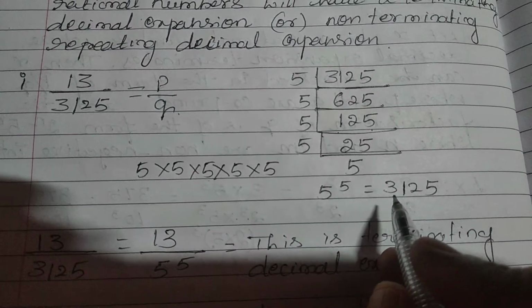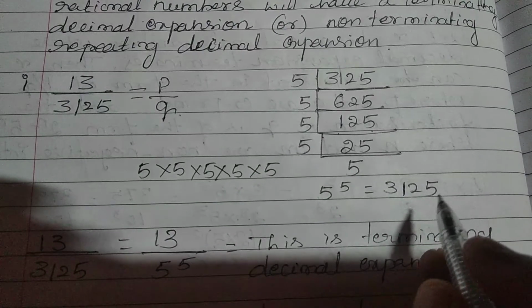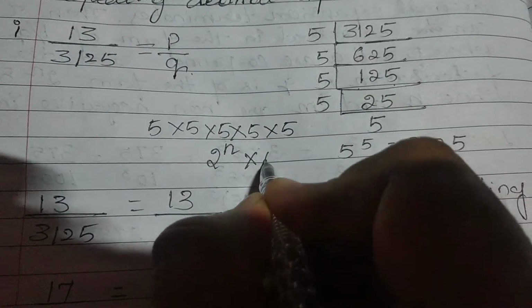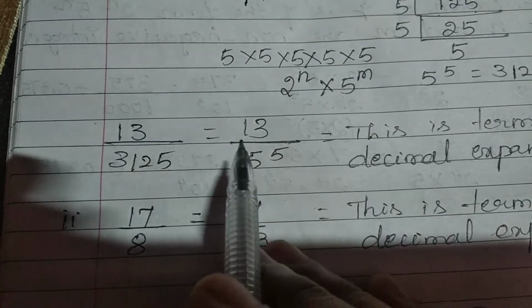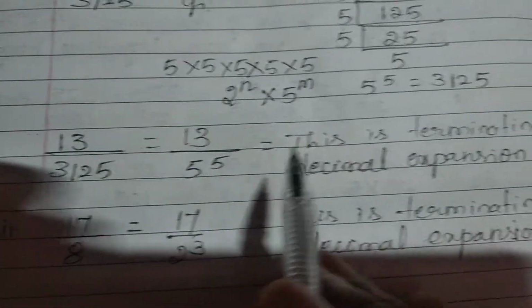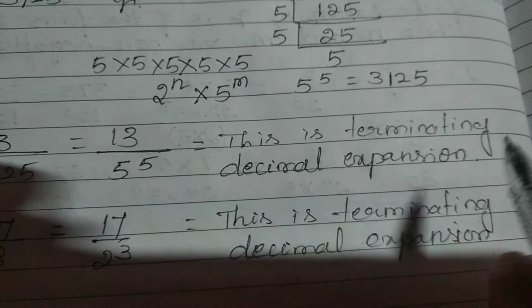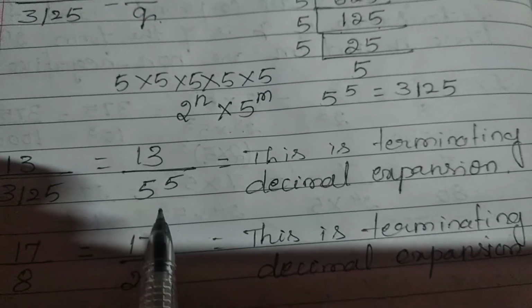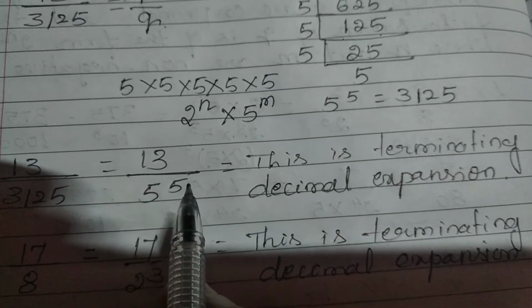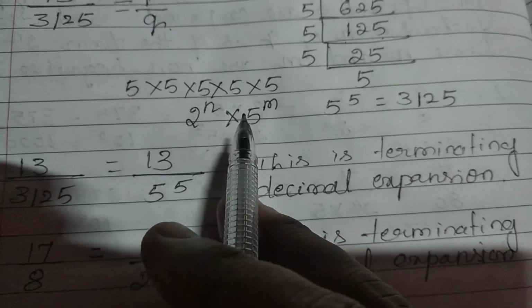Now we should write it in the form of 2 to the power of n, 5 to the power of m. So 13 divided by 3125 is equal to 13 divided by 5 to the power of 5. This is a terminating decimal expansion, because it is in the form of 5 to the power of m.